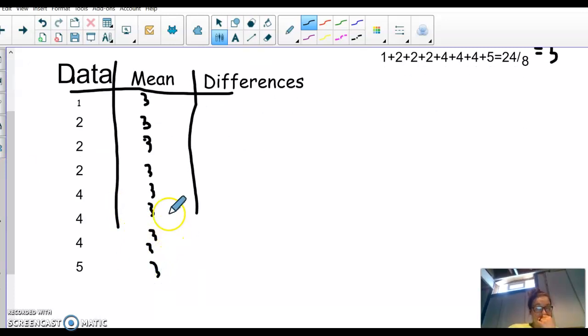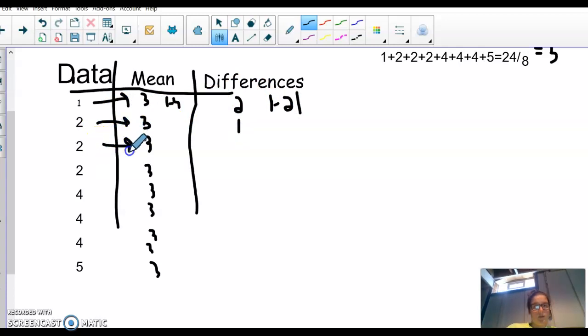What you're going to do is take each of these data points and find the differences. So essentially, how far away is 1 from 3? That's 2. If you do 1 minus 3, that is -2, and you want to find the absolute value of -2. So your differences always want to be positive. The distance from 2 to 3 is 1.